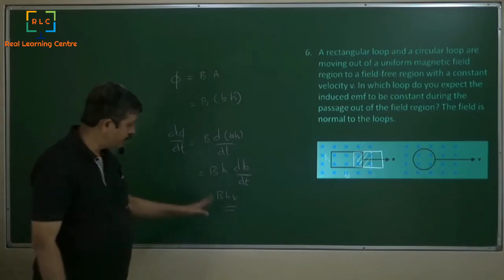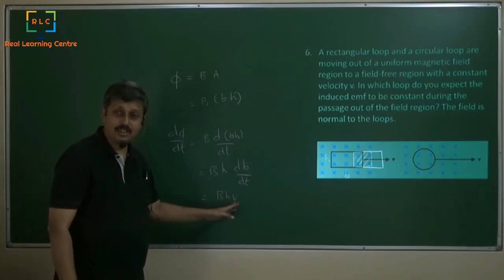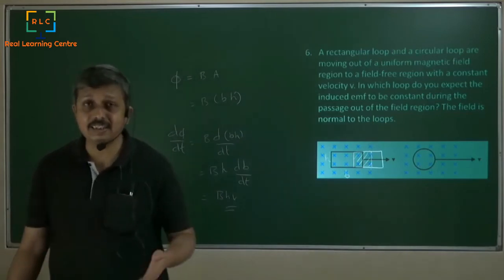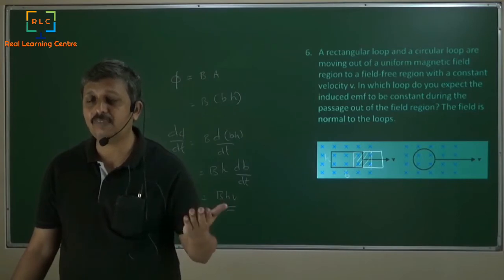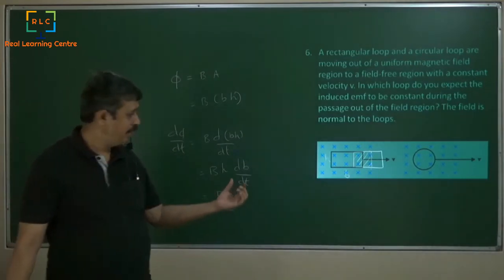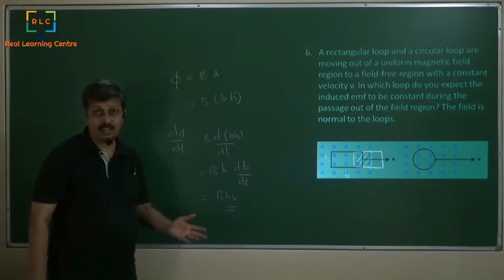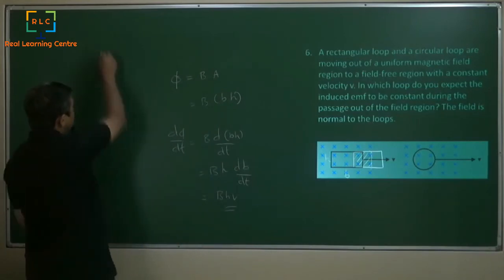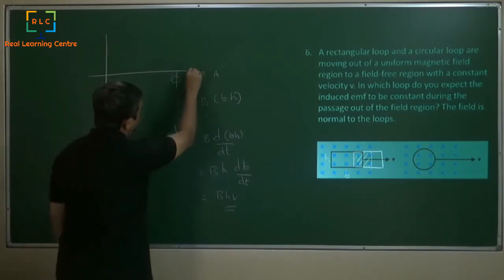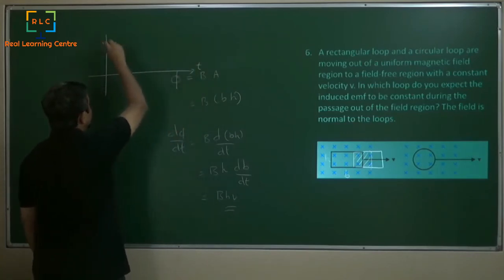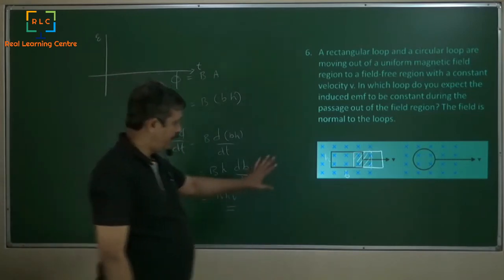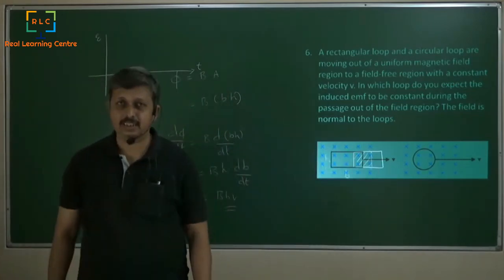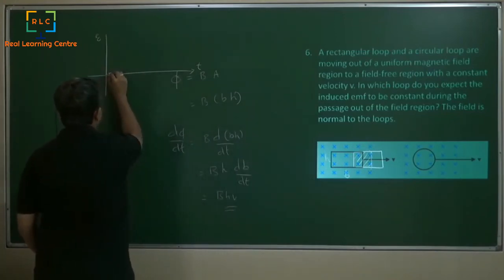So what does induced EMF mean here? The velocity is actually constant, if you think about it. While it is moving away here, during that time it is a constant velocity. So if you plot time versus the induced EMF, initially when it is traveling inside, there is no change, so you will get zero EMF.